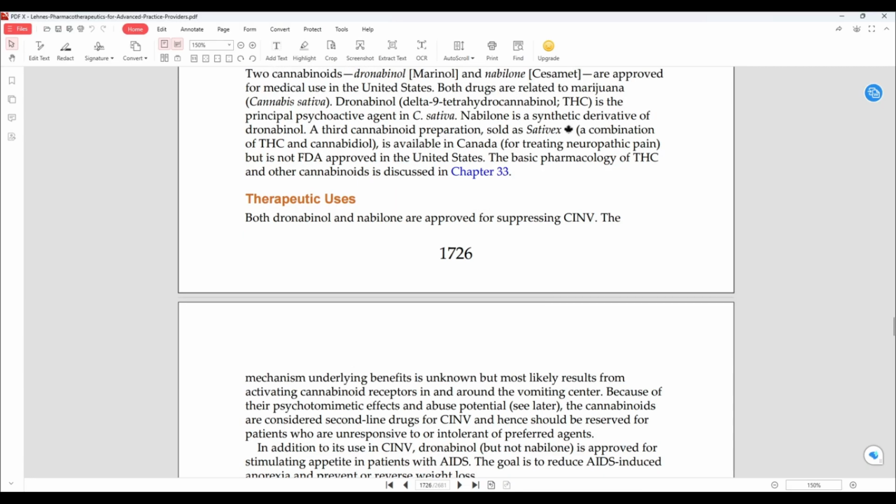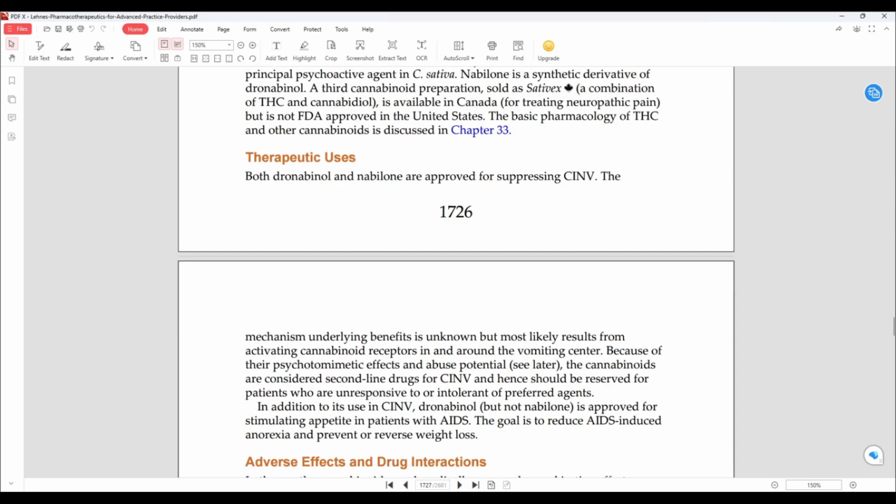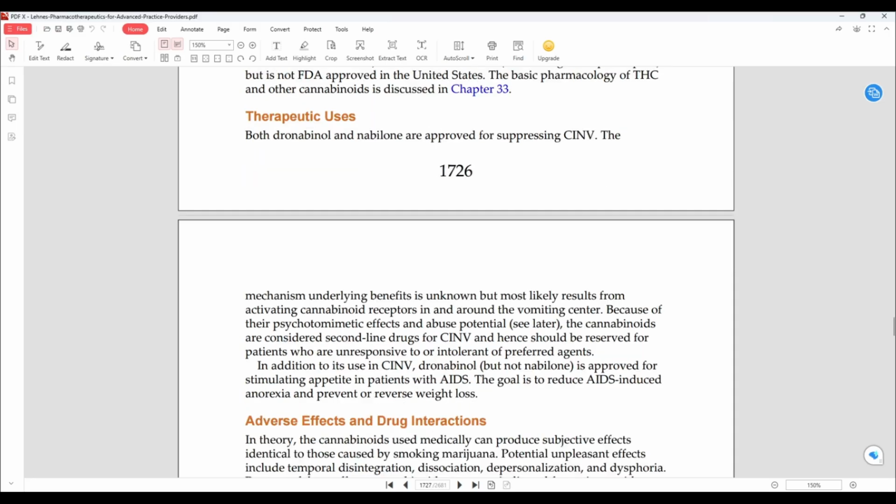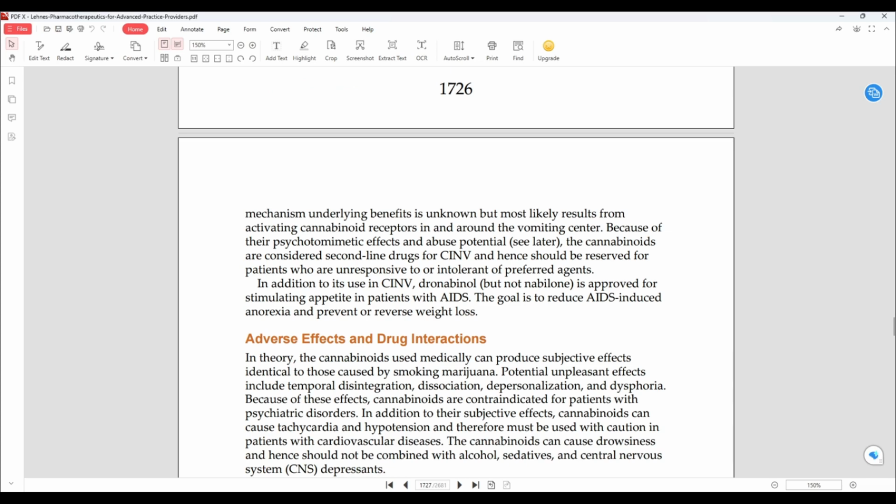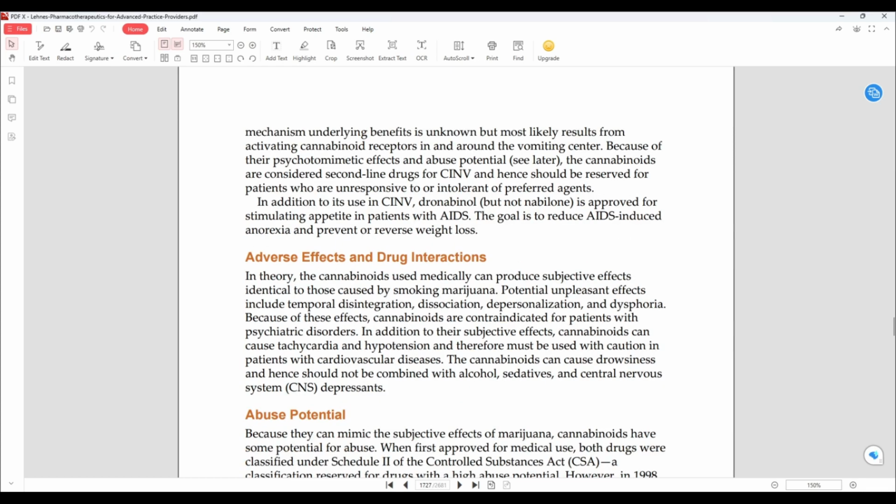However, there are therapeutic uses. Both dronabinol and nabilone are approved for suppressing CINV. The mechanism underlying benefits is unknown, but most likely results from activating cannabinoid receptors in and around the vomiting center.